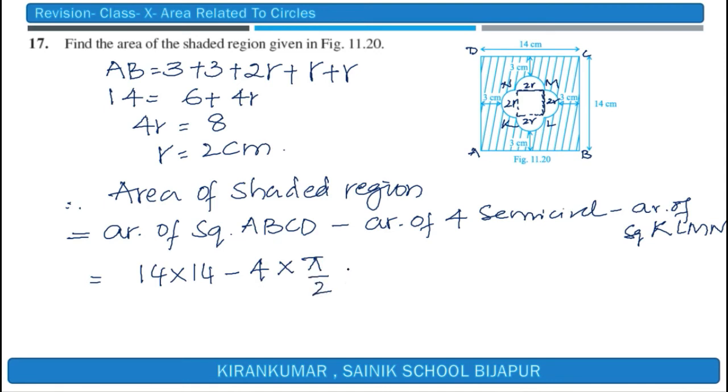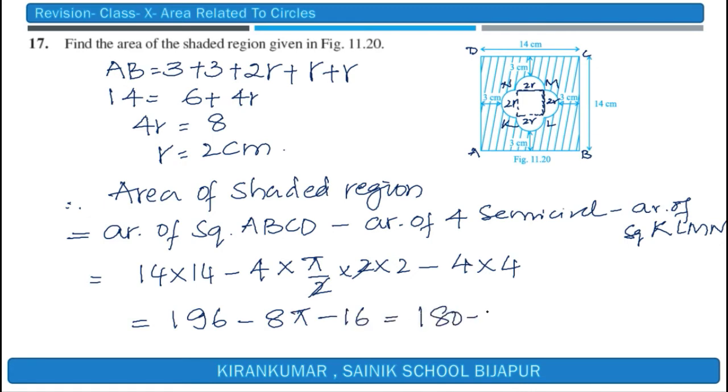So pi by 2 into r square, just 2 into 2, minus area of the smaller square is 2r into 2r, which is 4 times 4. Therefore, we have 196 minus 8 times pi, because this will get cancelled, minus 16. This will be 180 minus 8 pi centimeter square.